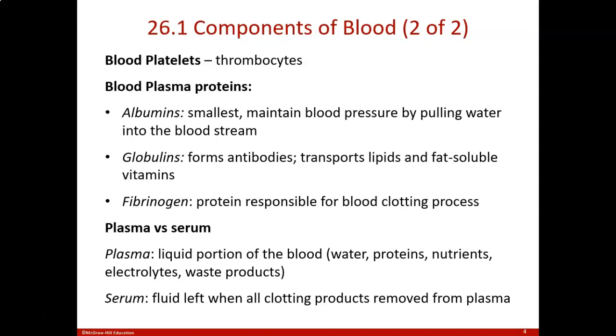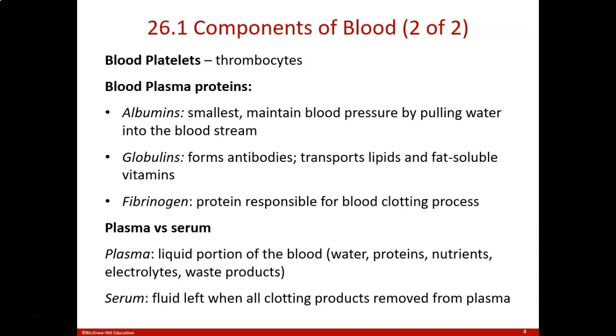On top of the Buffy coat is something called plasma. And plasma is the liquid portion of blood. It's primarily water, 90% water, but there are also the plasma proteins, nutrients, and electrolytes like sodium, potassium, and hydrogen, and also waste products like urea and creatinine within the plasma.